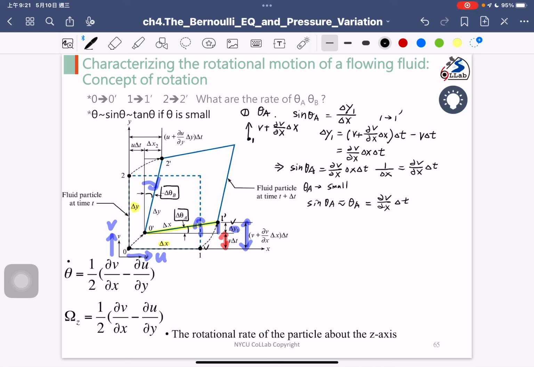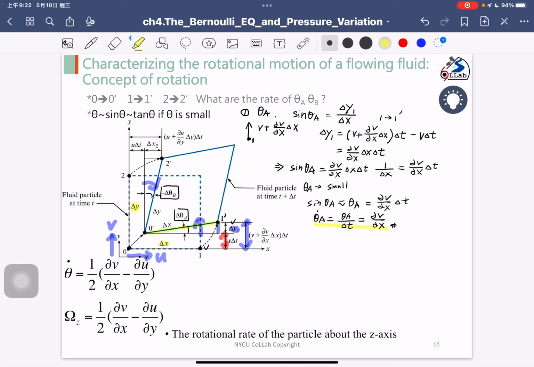And we're wondering to compute the theta angle rate. So the theta A rate equals theta A divided by delta t, right? Because we want to compute the rate. So finally, the theta A rate equals dv/dx. Okay, so this is our first result: the theta A rate is equal to dv/dx.